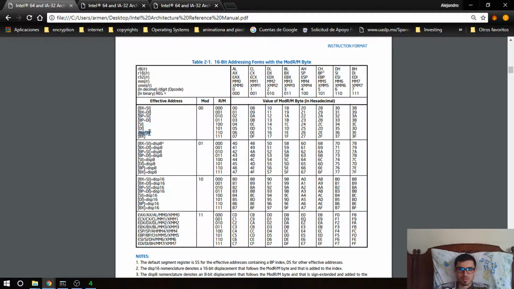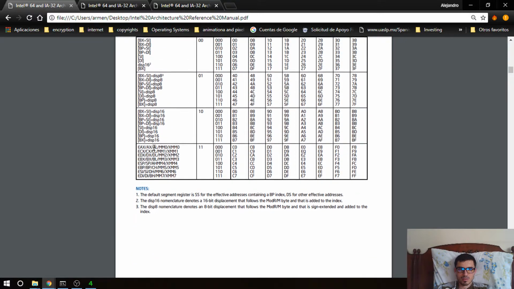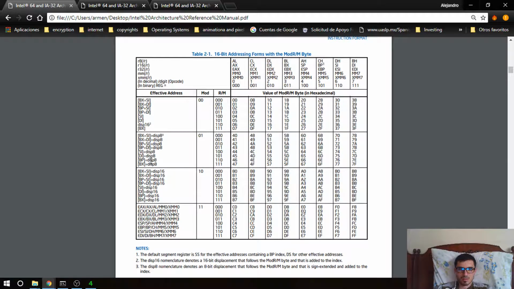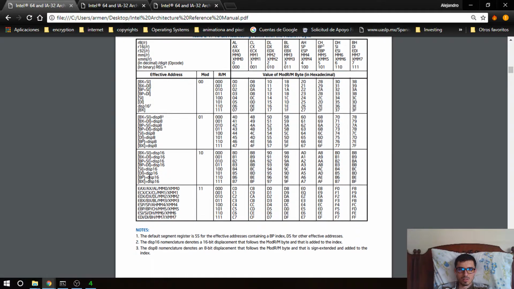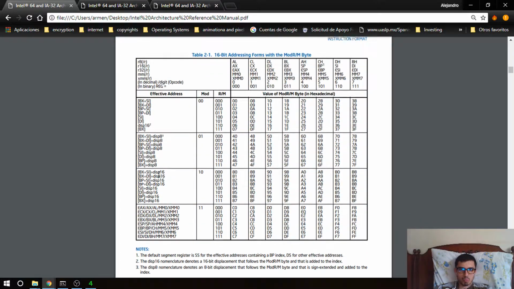And this is a displacement. And this is the same: BX+SI, BX+DI, BP+SI, BP+DI, SI, DI, BP, BX plus 16. And then we have the registers, straightforward.